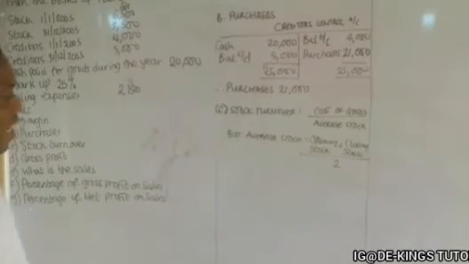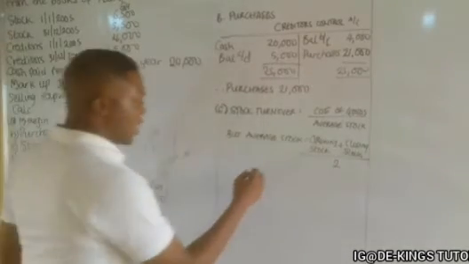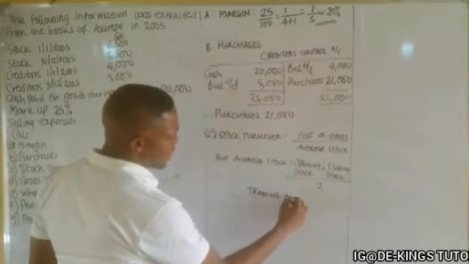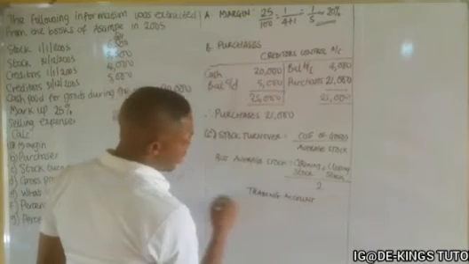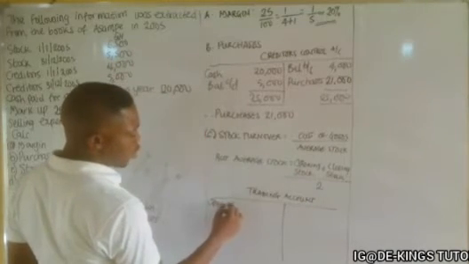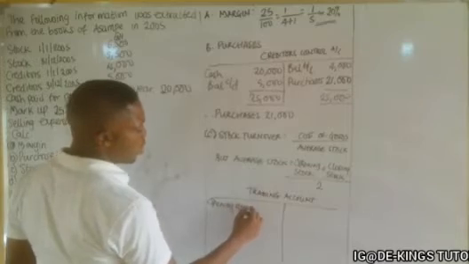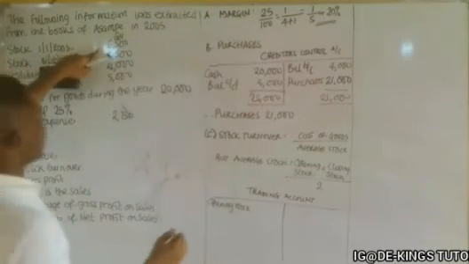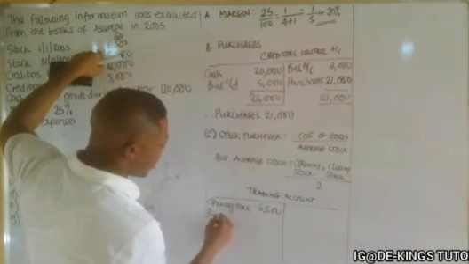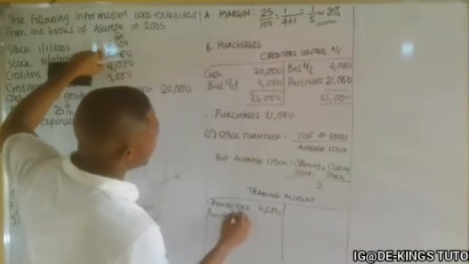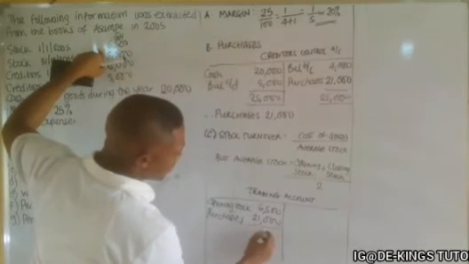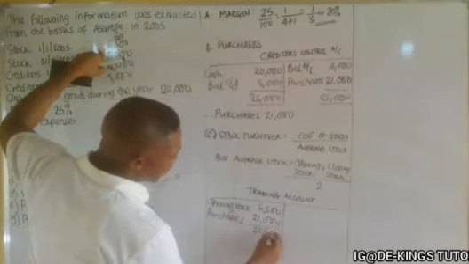Now to get our cost first, the same way, we can use the trading account. The trading account has opening stock, the stock at the beginning, 6,500, plus purchases. We have calculated purchases as 21,000, so that is 27,500.